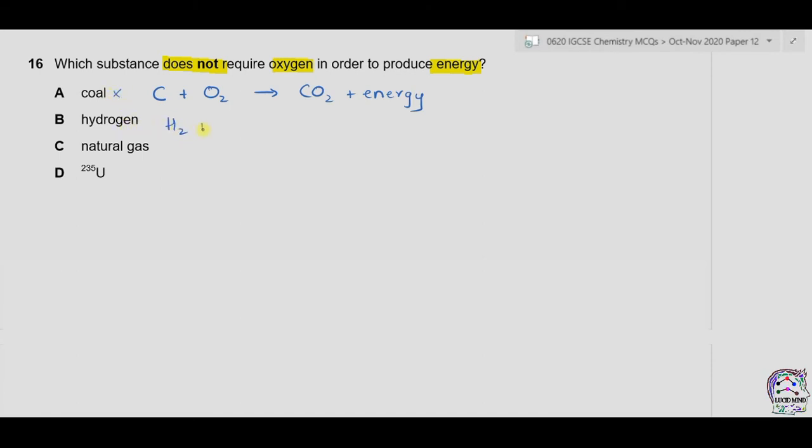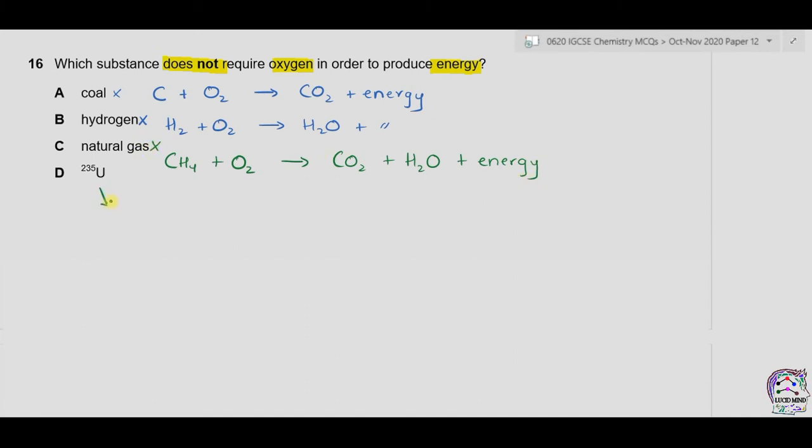Again, hydrogen requires oxygen to combust to produce water along with energy. So B is also incorrect. C is natural gas, which is CH4, methane. It also requires oxygen to form carbon dioxide, water, along with energy. So C is also incorrect.